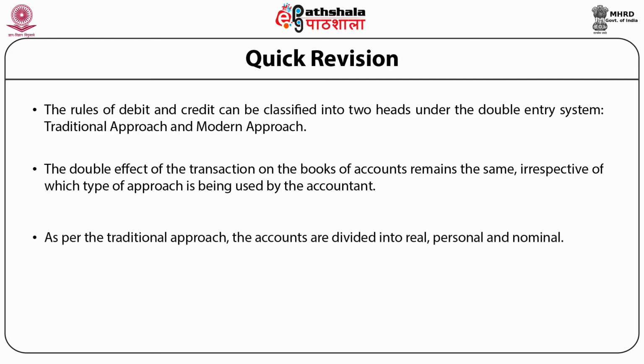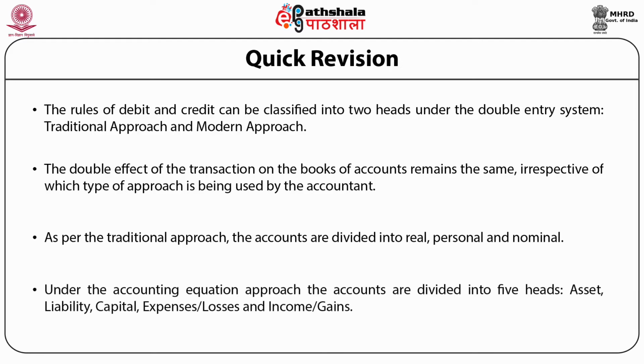As per the traditional approach, the accounts are divided into real, personal, and nominal. Under the accounting equation approach, the accounts are divided into five heads: assets, liability, capital, expenses/losses, and income/gains.